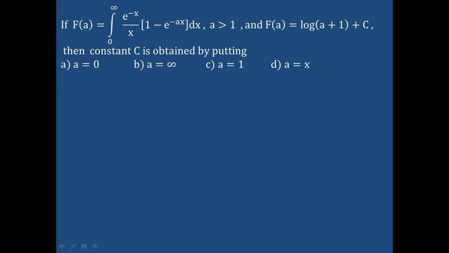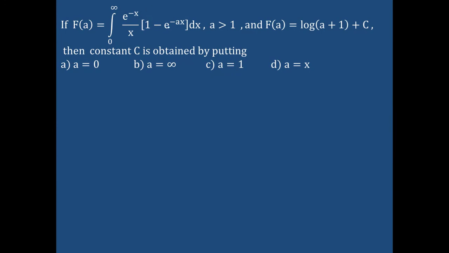As I told you, irrespective of the value given over here, you can decide in the first step itself what the value of a should be. You have to choose the value of a in such a way that this integral must reduce to 0.